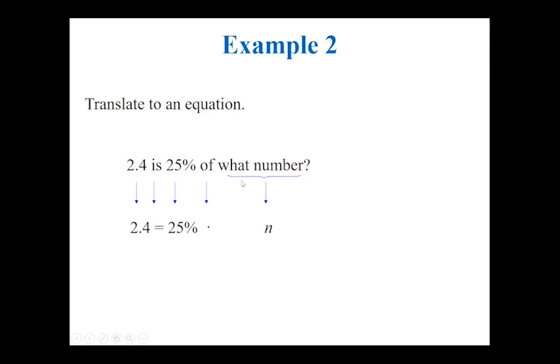Some form of what, in this case, what number, in the last example, it was what percent, is our unknown, is our variable. What number becomes n, and the numbers carry through. Now, when we go on to solve these in future examples, we're going to make another change, and that 25% is going to have to be written as a decimal. It would become 0.25, but we're not there yet.